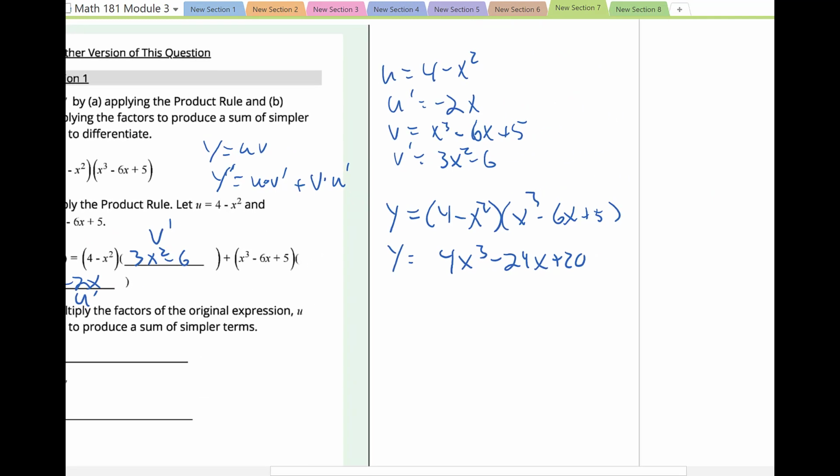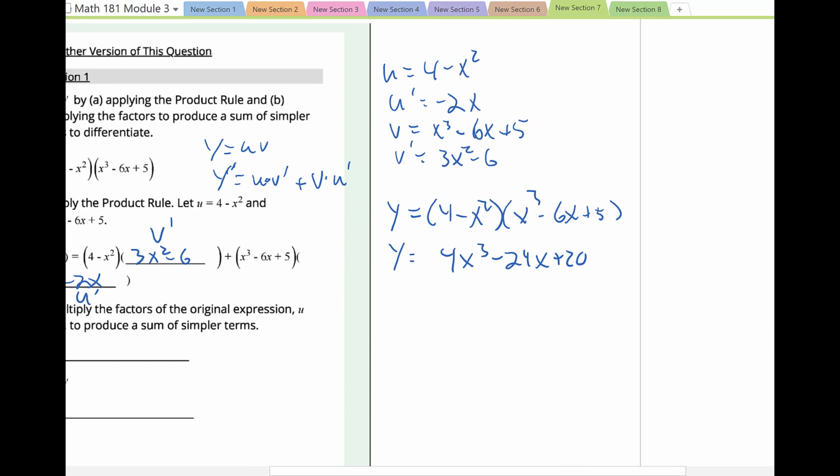I'm just going to move it over to give myself more space to work here. The negative x squared times x cubed is minus x to the 5th power. Negative x squared times minus 6x is plus 6x cubed. And negative x squared times 5 is minus 5x squared.